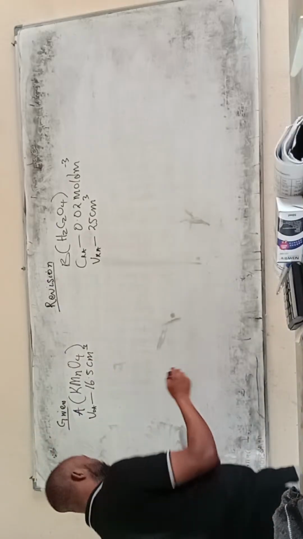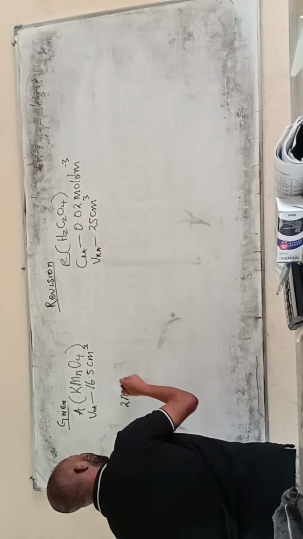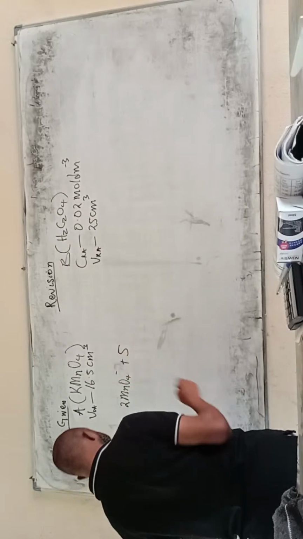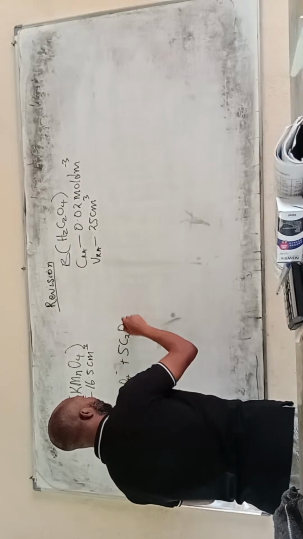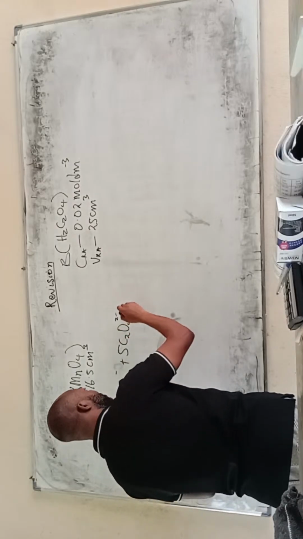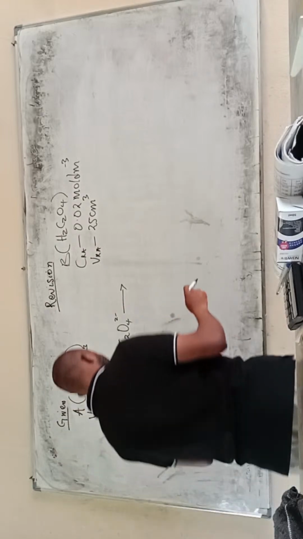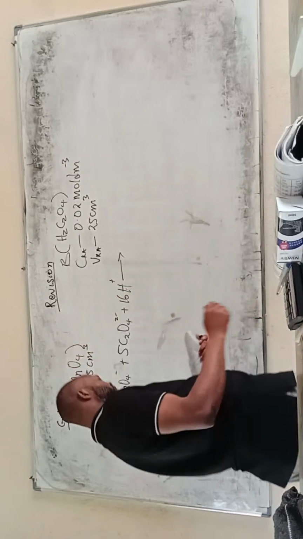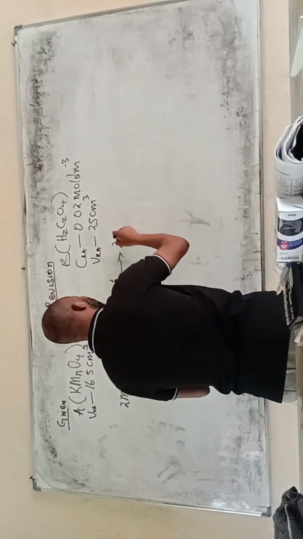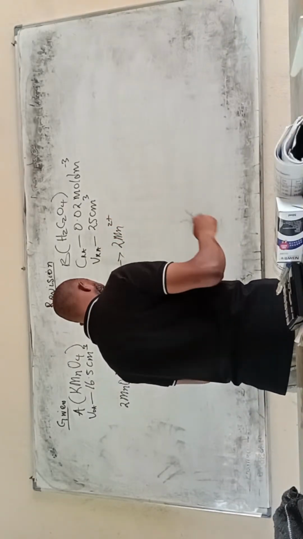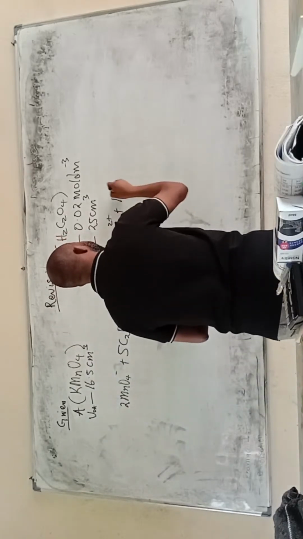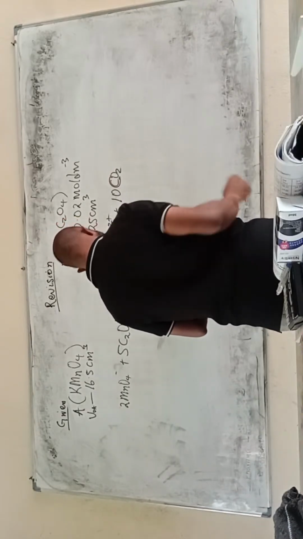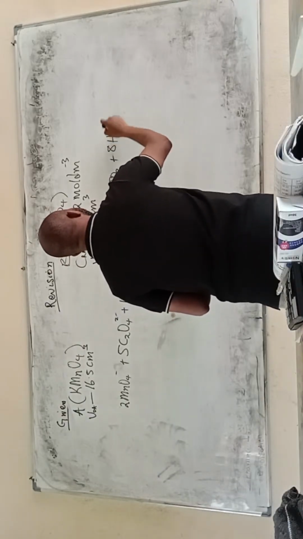The equation of reaction, which is 2MnO4 minus plus 5C2O4 2 minus plus 16H plus gives us 2Mn2 plus plus 10CO2 plus 8 moles of water.